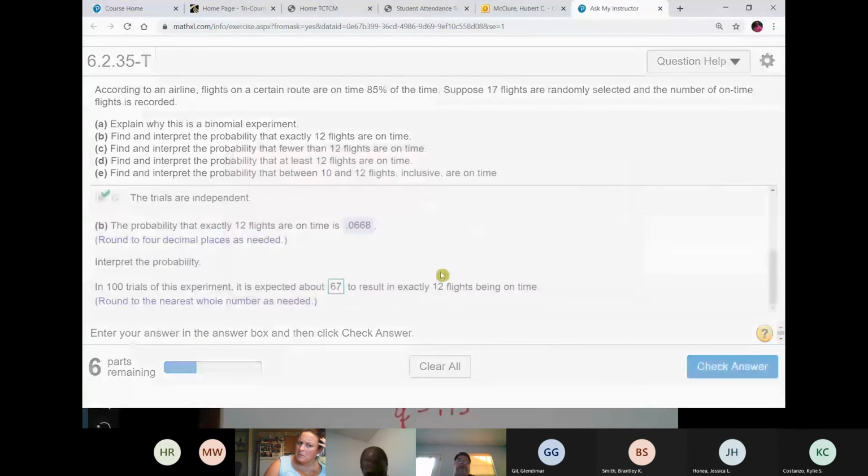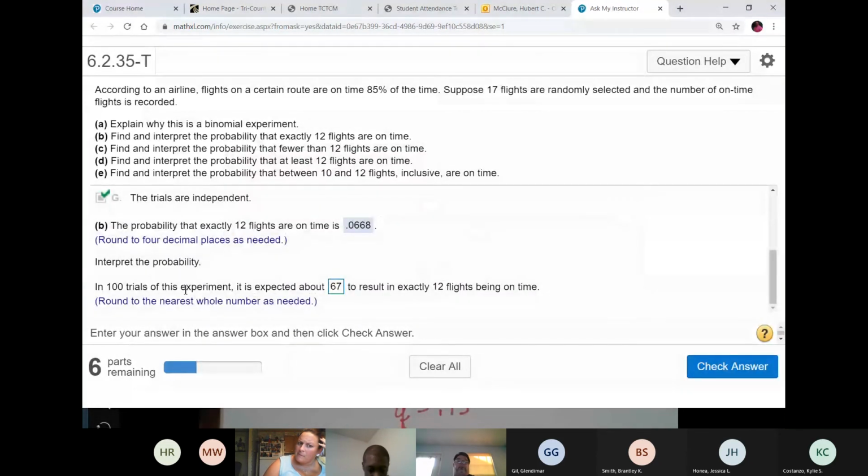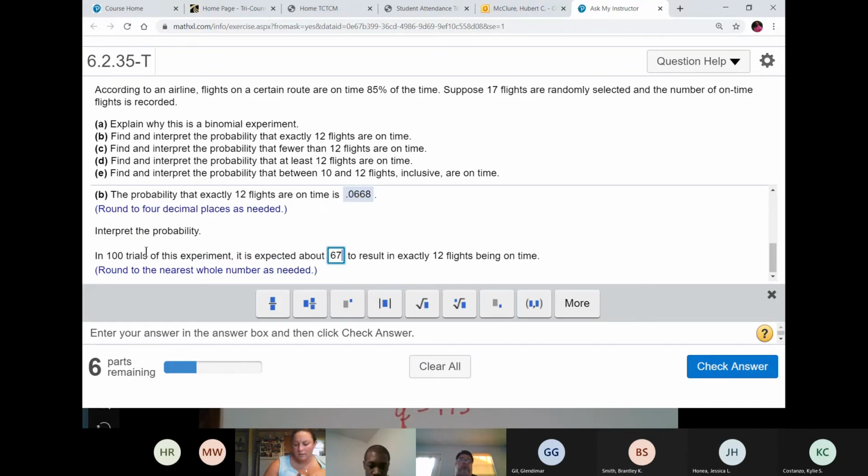In 100 trials of this experiment, it is expected about blank. Oh, 7. You got to move the decimal on 0.0668. This question goes with it. So that will be 6.68, which is 7 flights will be on time.